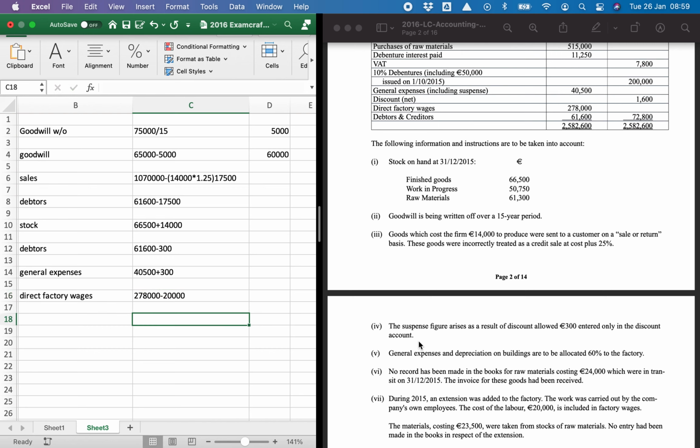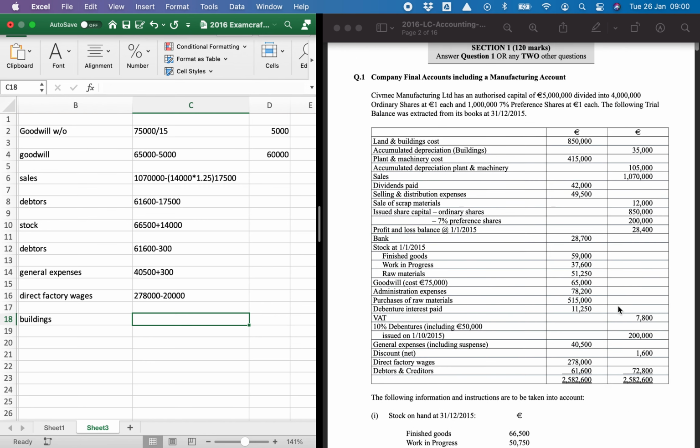We're going to add it to buildings. Buildings start off at 850, and we'll add that 20,000 on. So it should be in buildings, not in factory wages.